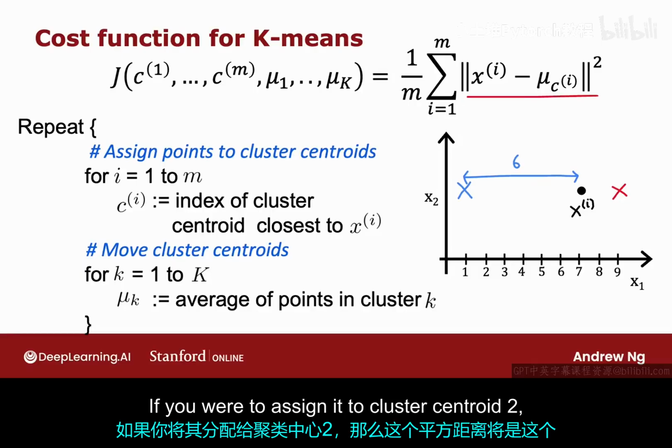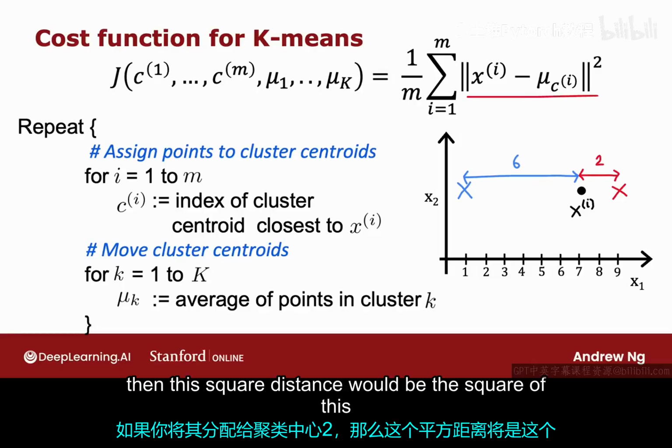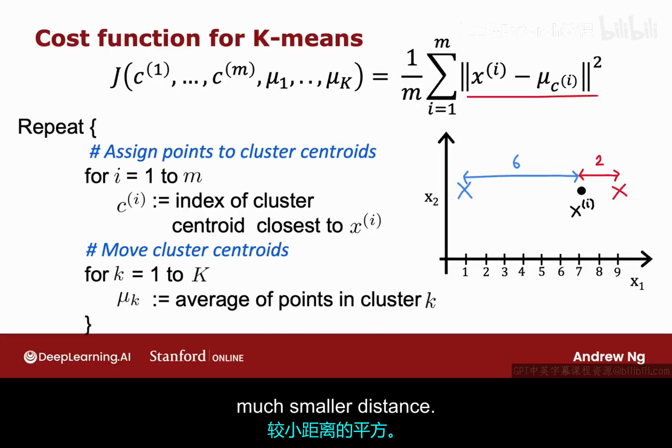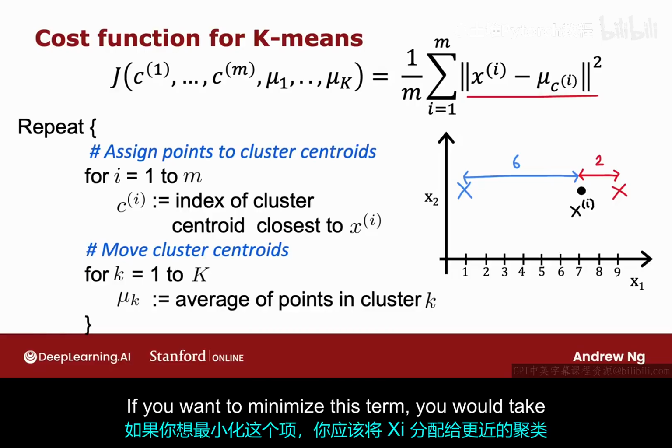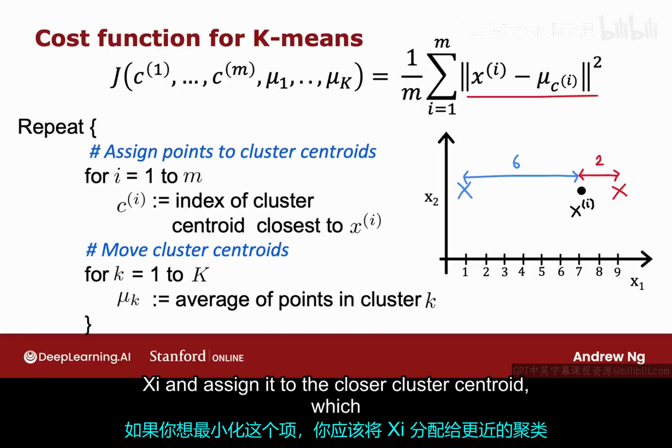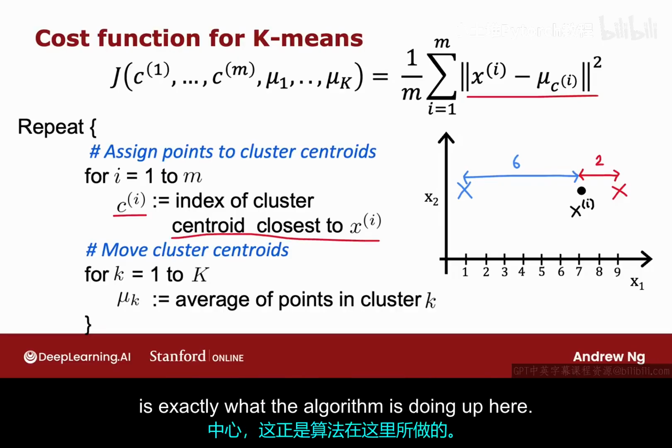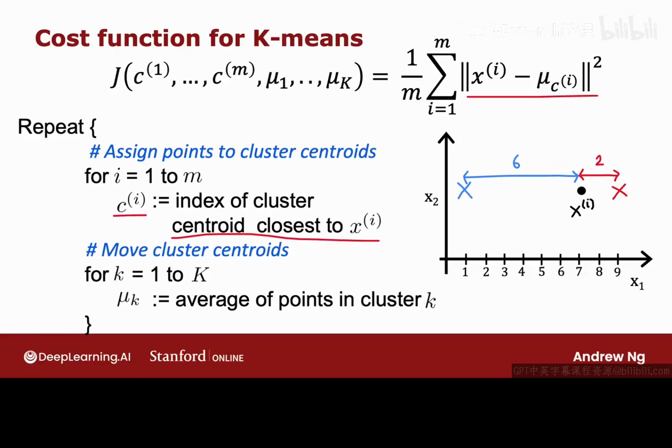And if you were to assign it to cluster centroid 2, then this square distance would be the square of this much smaller distance. So if you want to minimize this term, you would take Xi and assign it to the closer cluster centroid, which is exactly what the algorithm is doing up here.